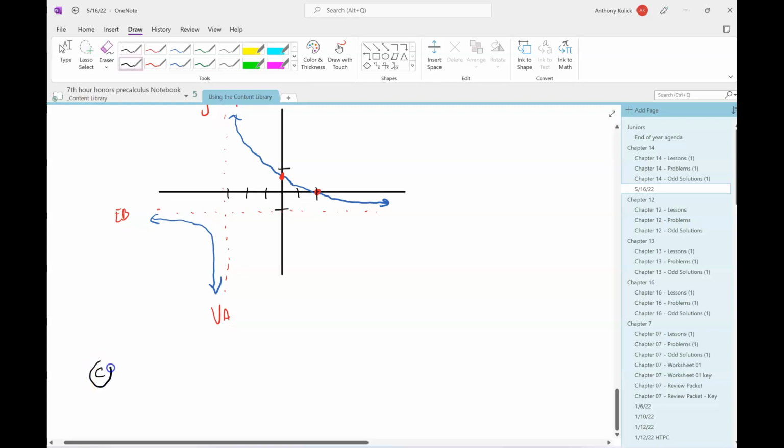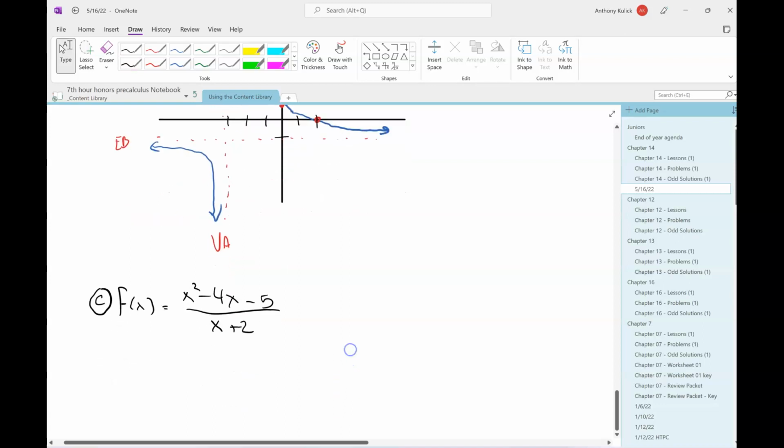All right. Last example for the sketchings. Go. So we have x squared minus 4x minus 5 over x plus 2. First thing I should do is check to see if this reduces.